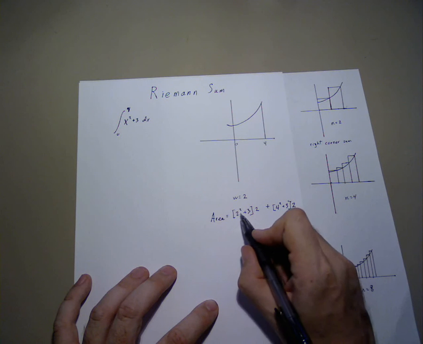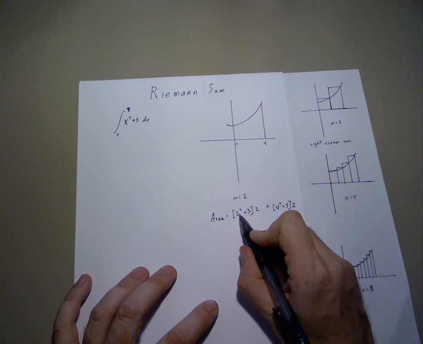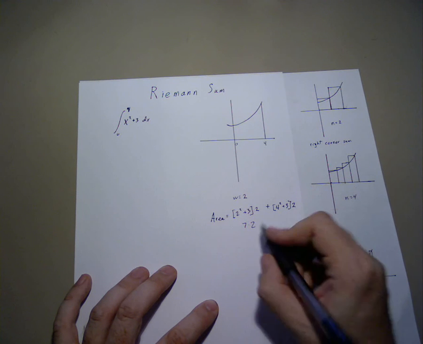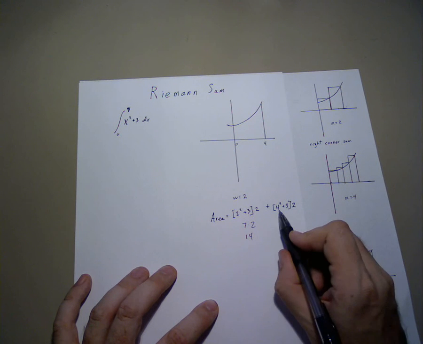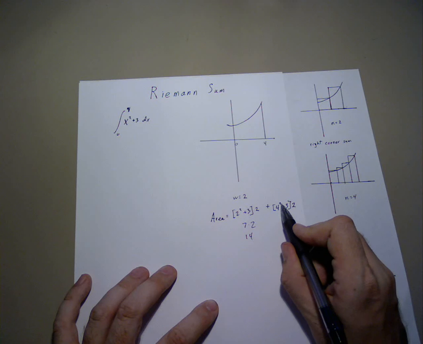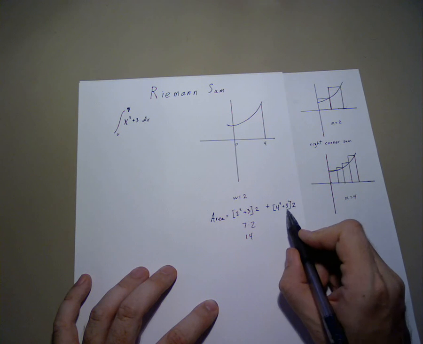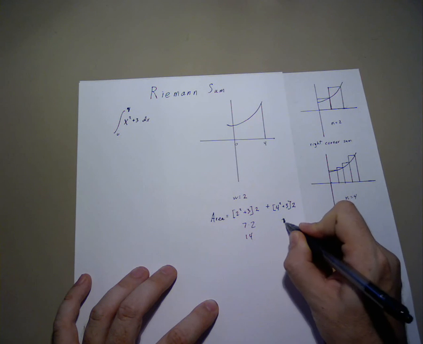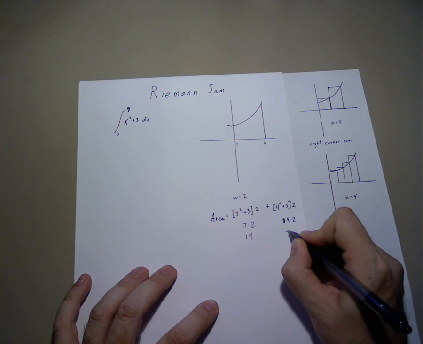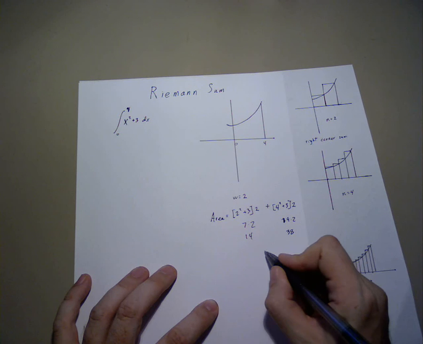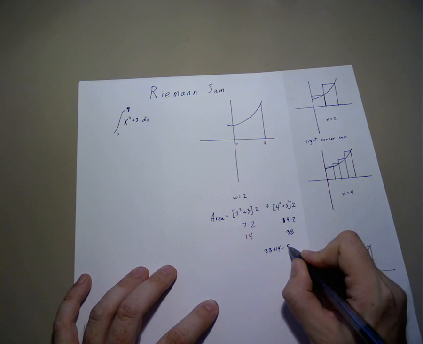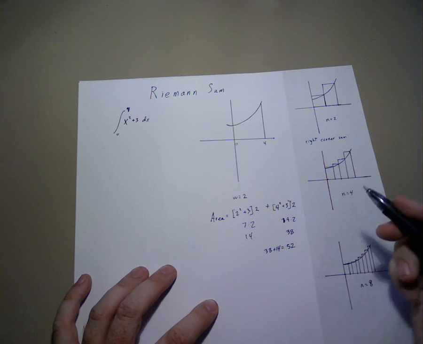This will give us 4 plus 3 is 7 times 2, 14. 4 squared is 16, plus 3 is 19. 19 times 2 is 38. 38 plus 14 equals 52.